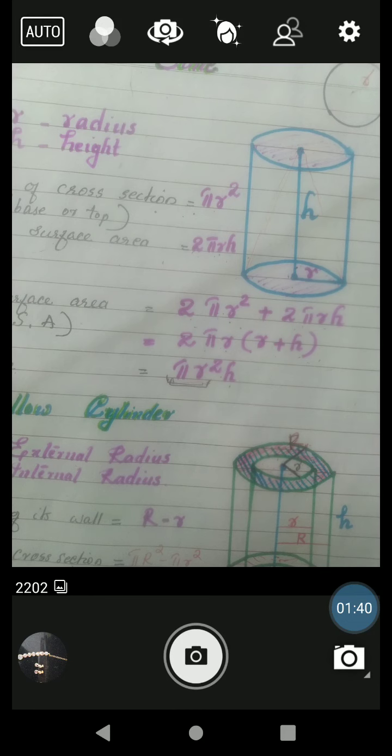So let's start. Here you can see the figure of a cone. Just remember a cone ice cream.